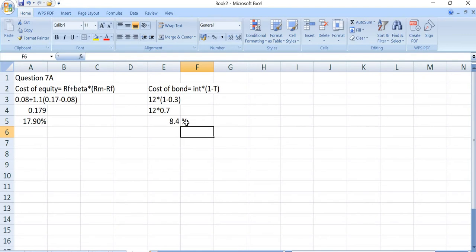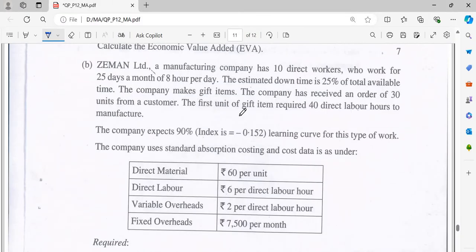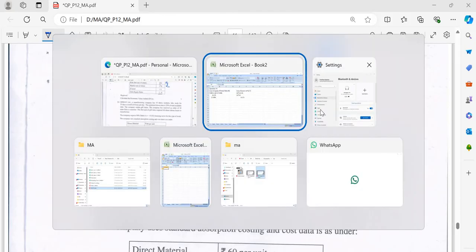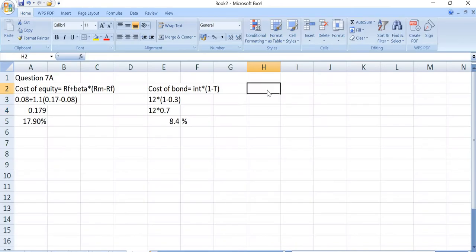Now I need to calculate weighted average cost of capital. We need to multiply cost of equity by its weight and cost of bond by its weight. For that we have information regarding the debt equity ratio, which is 1:4.